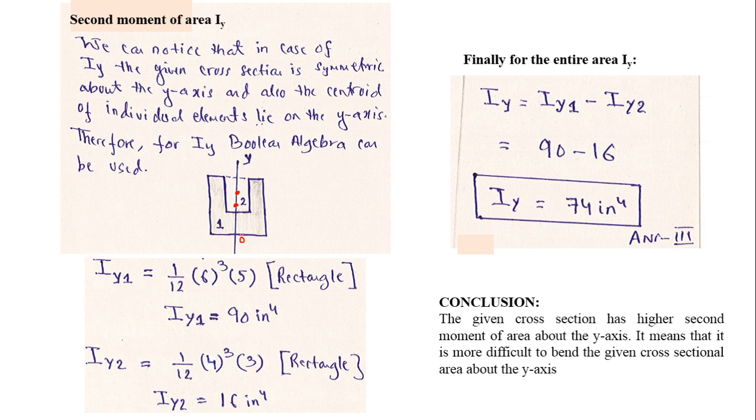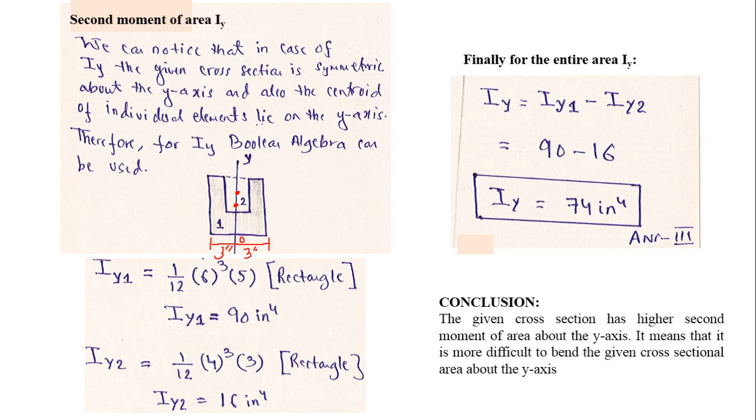Therefore, since my shape 1 is still a rectangle, I have to use the same formula, 1 by 12 a cube b, but now I have to look at the dimension which is perpendicular to the y-axis. The dimension of my shape 1 that is perpendicular to the y-axis is 6 inches, because remember this one was 3 inches, this one was 3 inches, and this one was also defined to be 3 inches.